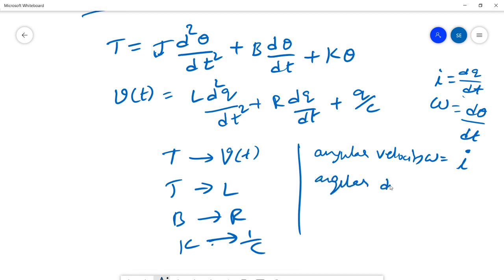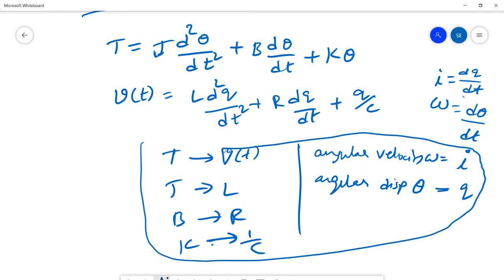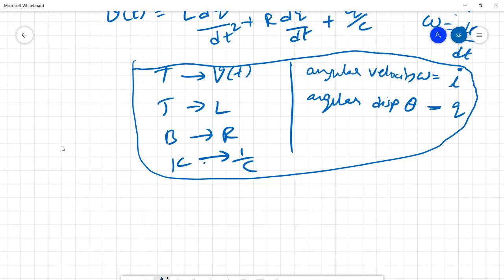Angular displacement is theta. Here it is charge q. So these are the analogous terms for torque to voltage. Similarly, we'll write it for torque to current.